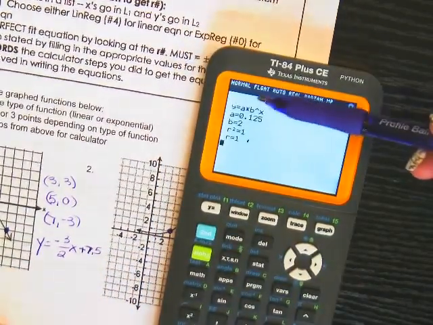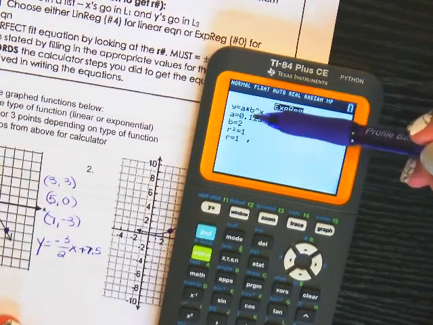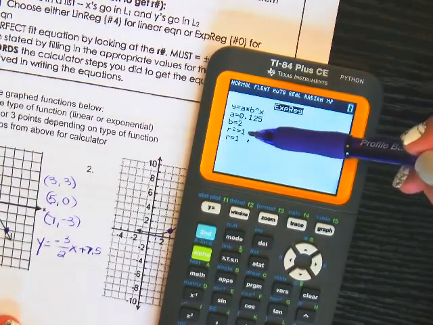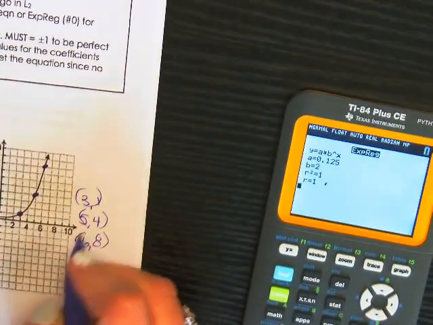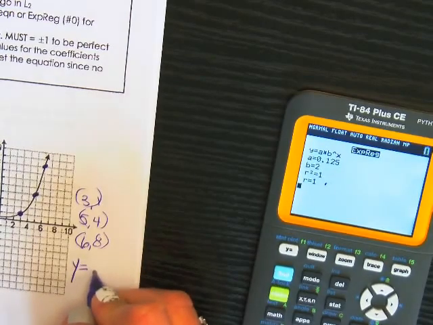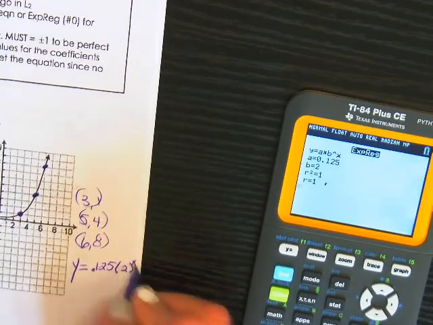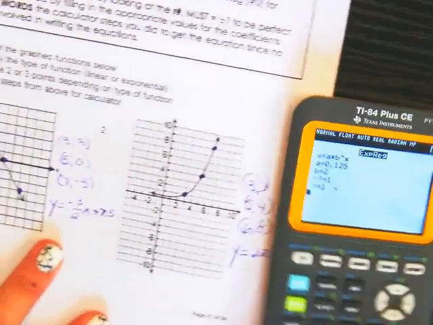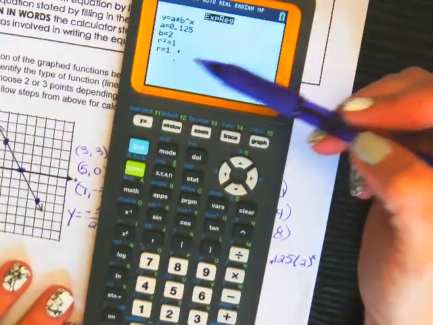This one gives me the format for an exponential function, a times b to the x, where a is 0.125 and b is 2. So we fill in the a and the b to write our equation: y equals 0.125 times 2 to the x. And we have our equation for both functions. You will note on this one that our R value, the correlation coefficient, is 1, which means that it is a strong correlation.